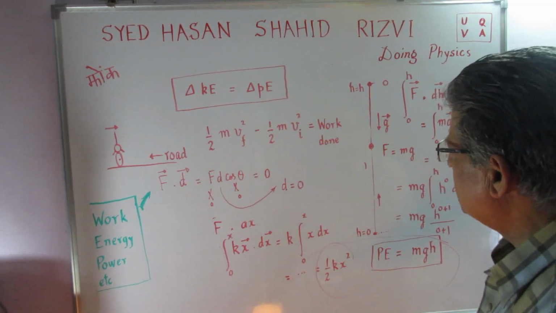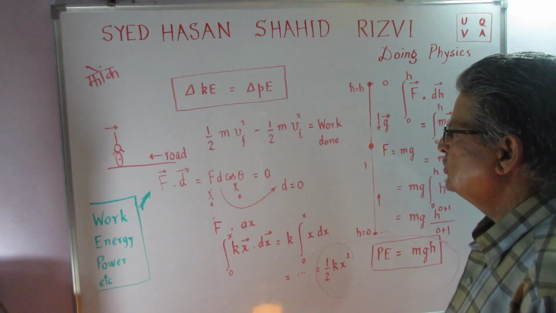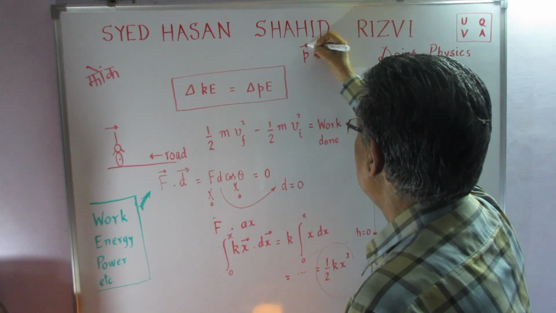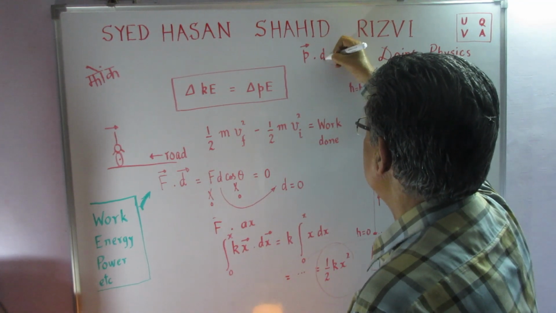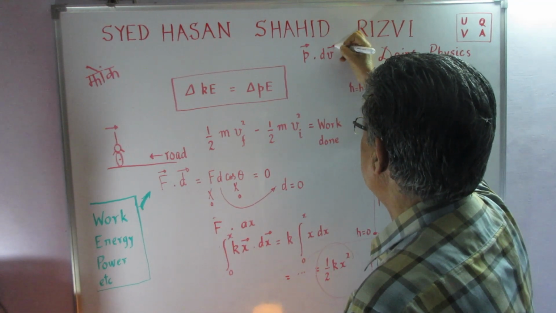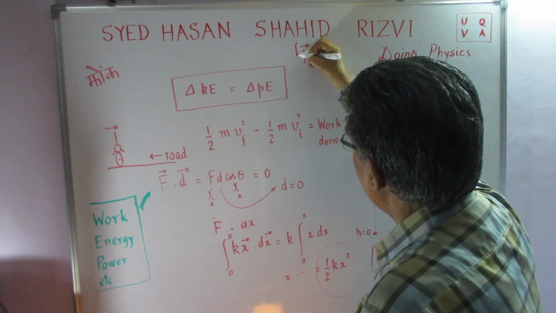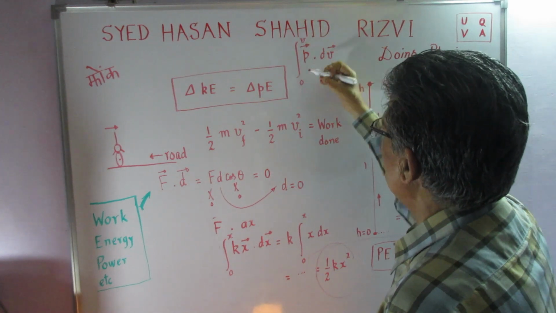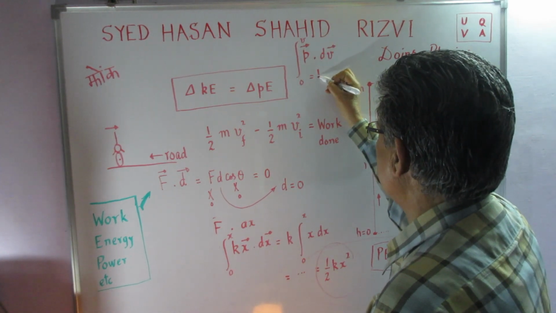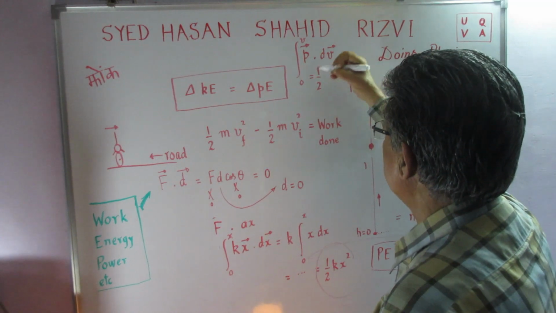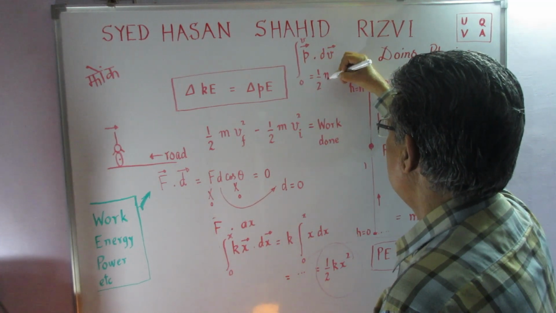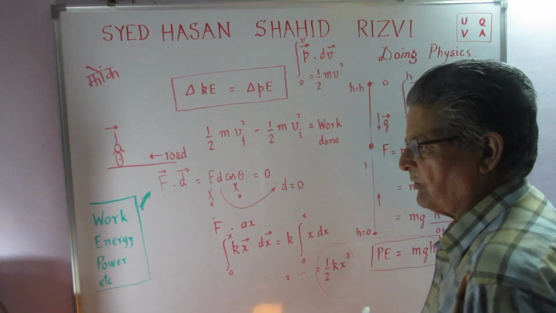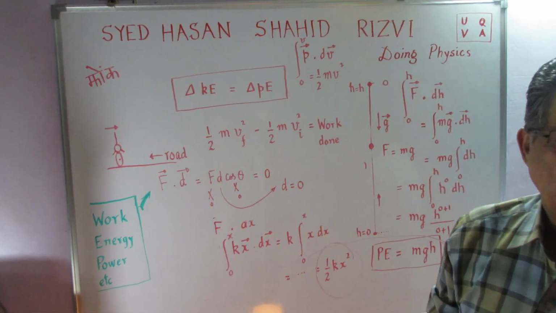And the kinetic energy by virtue of its P dot dV, the two vectors, and then integration between the limits 0 to V, which gives us the kinetic energy of a system at a velocity v as half mv square.